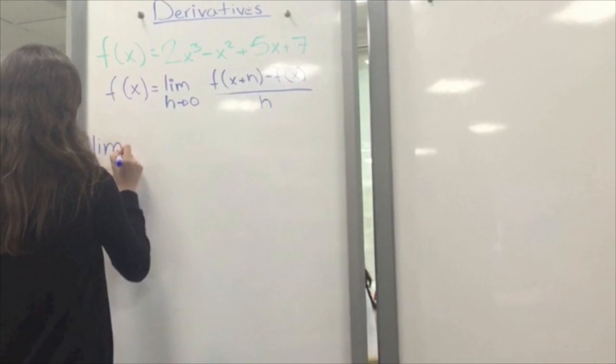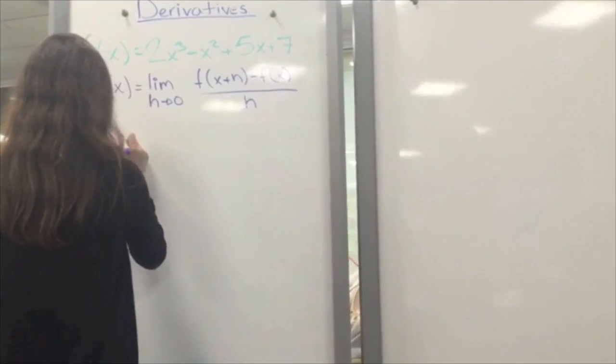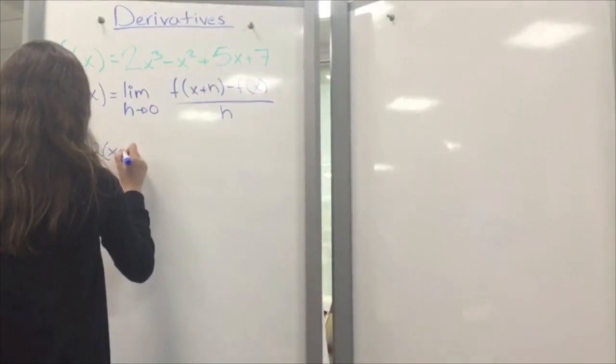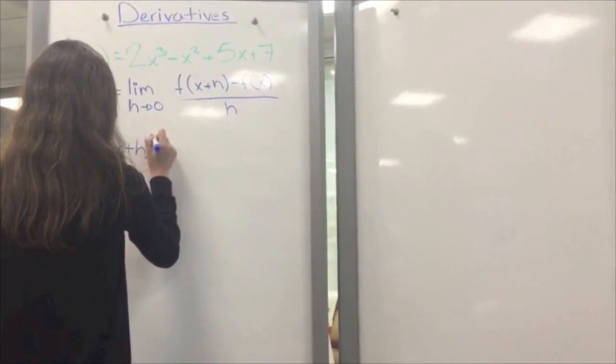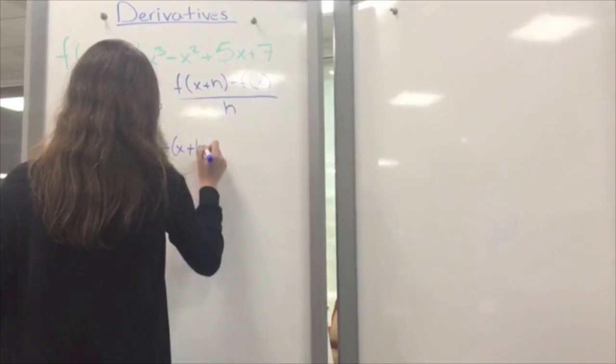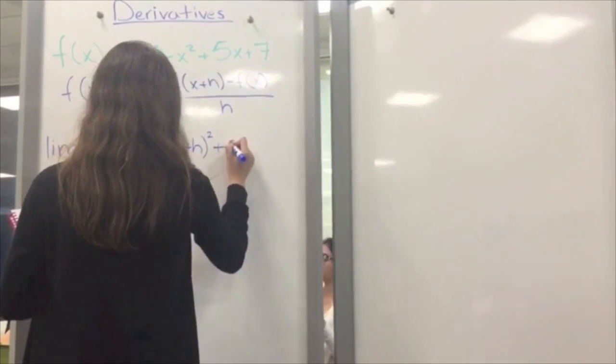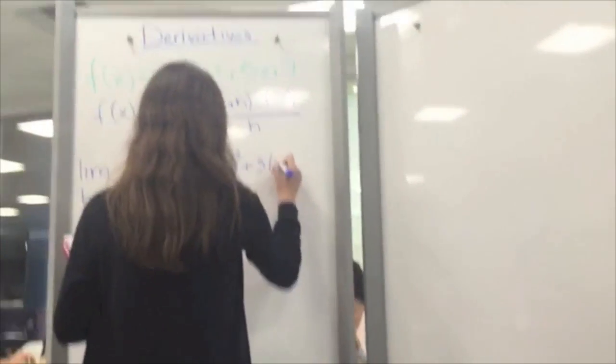Okay, so now that we have our formula, we're going to start replacing every x by x plus h. So we start 2 times x plus h to the cube minus x plus h squared plus 5 times x plus h plus 7.